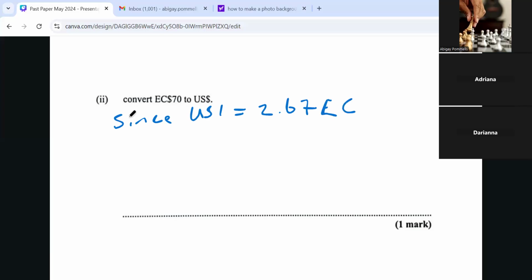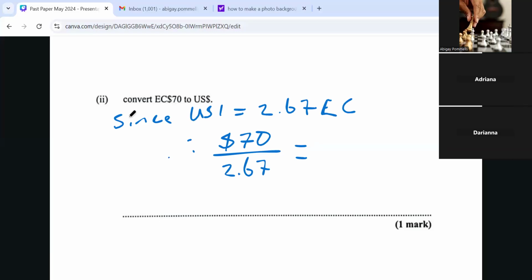we're going to now divide $70. So the bigger number on top, the other number on the bottom, divide that out. We're going to go back to our calculators and figure out that number.